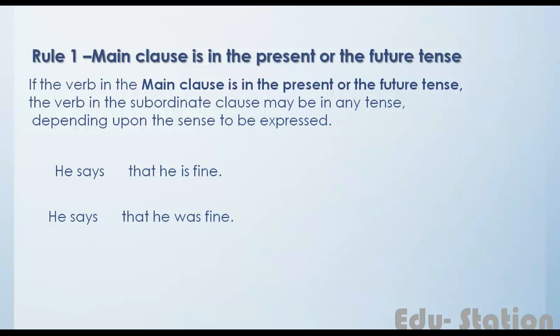He says that he was fine. Now we are using past tense. He says that he will be fine. Here we are using future tense. That means if the main clause is in the present tense, any of the tense can be used. Similarly, if the main clause is in future tense, any of the tense can be used.